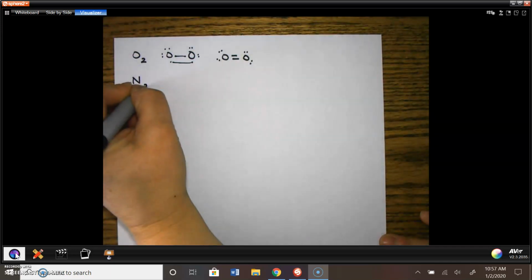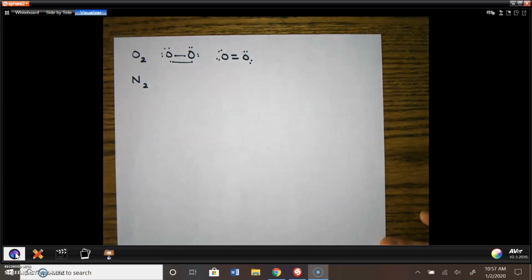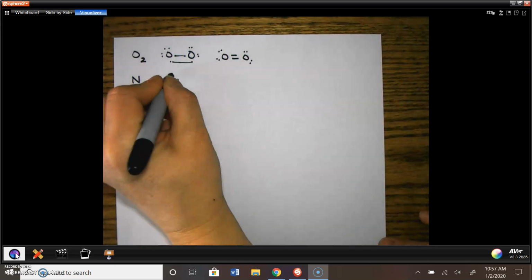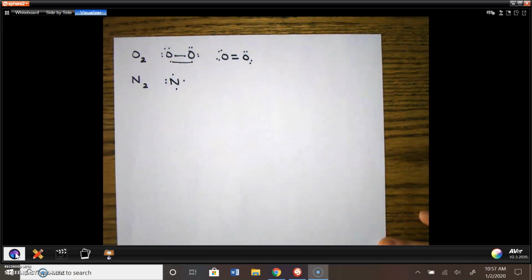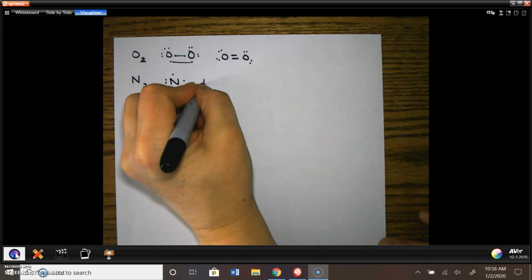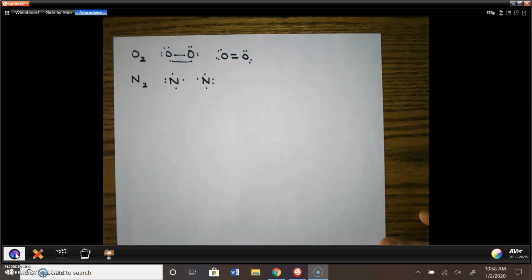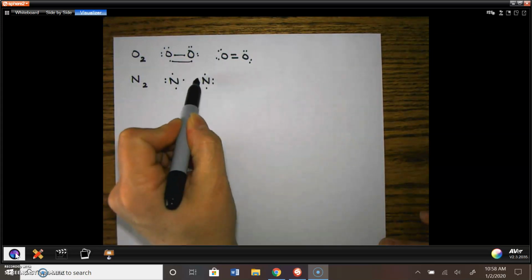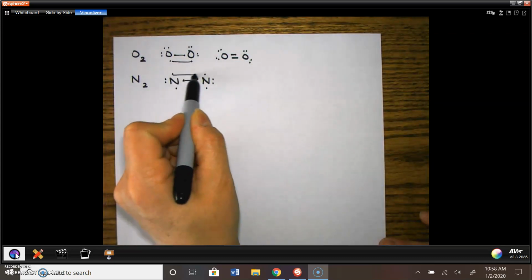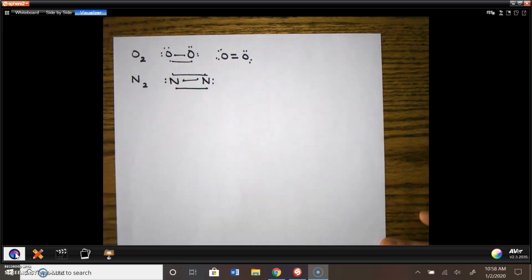Likewise, I can show you 3 pairs of electrons being shared if I do diatomic nitrogen. So nitrogen has 5 electrons. Again, I'm going to write those dots so that the unpaired electrons are oriented towards each other, and then you can see there's 1 bond, there's 2 bonds, and there's 3 bonds.